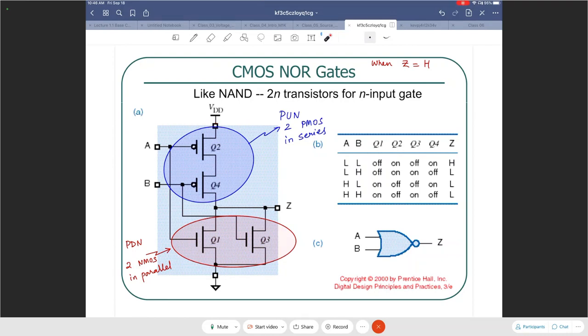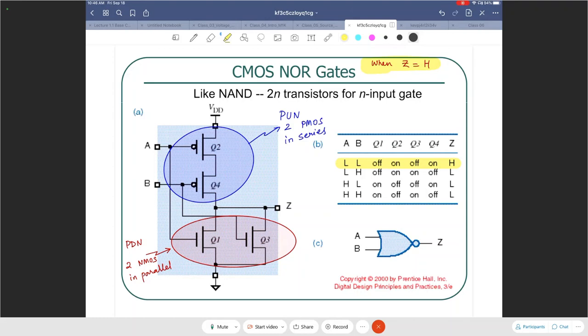When are Q2 and Q4 both on? Because they're in series now. The only time Q2 and Q4 are on is if A and B are low, right? So the only time you get this is the first one. When A and B are low, Q2 and Q4 are on, and Z is high.